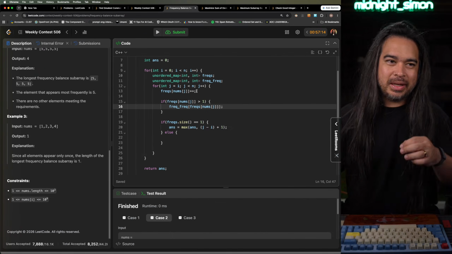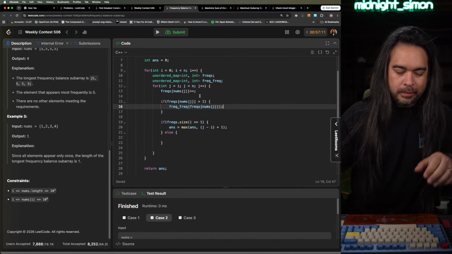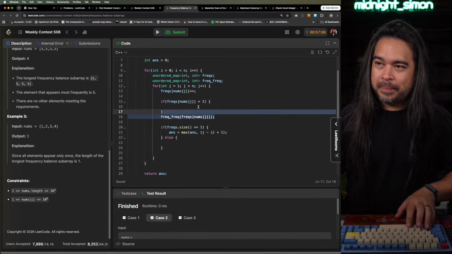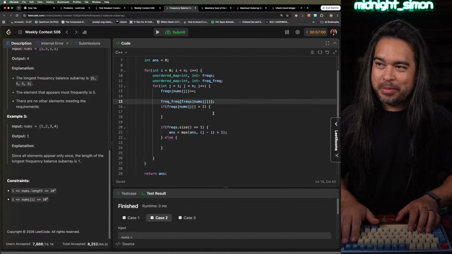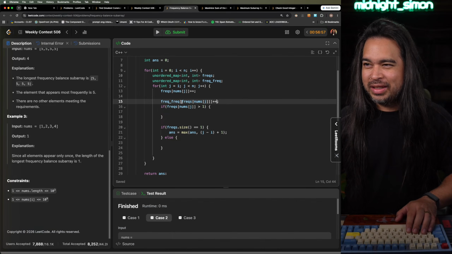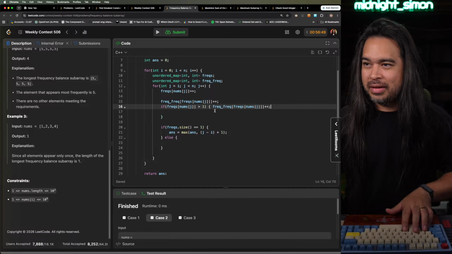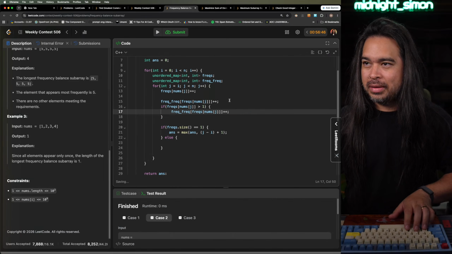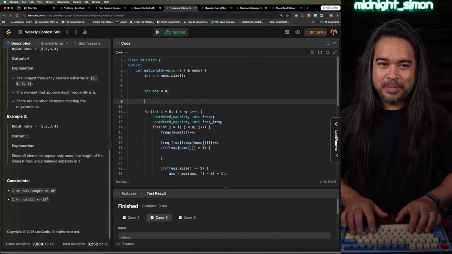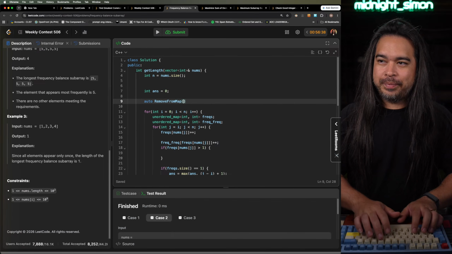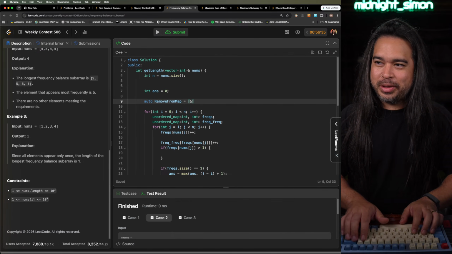Wait, what am I trying to say? Oh yeah, I'm trying to say increment that for sure. And then we have to decrement something else. I'm gonna make a function for that though, man. It's so whack. What I'm doing is so whack, man.